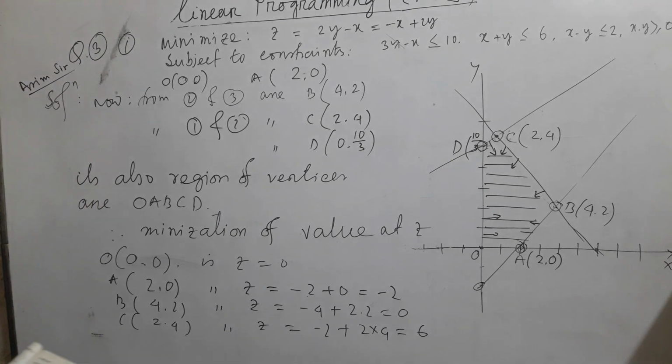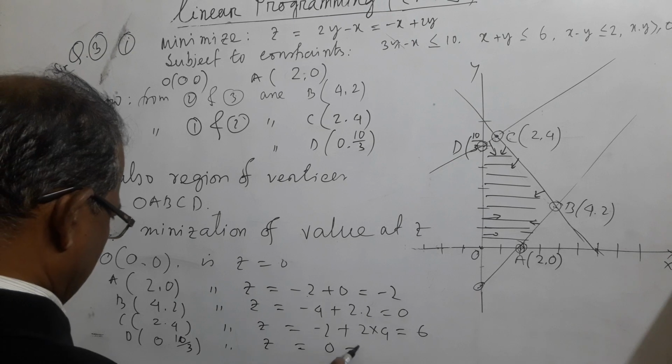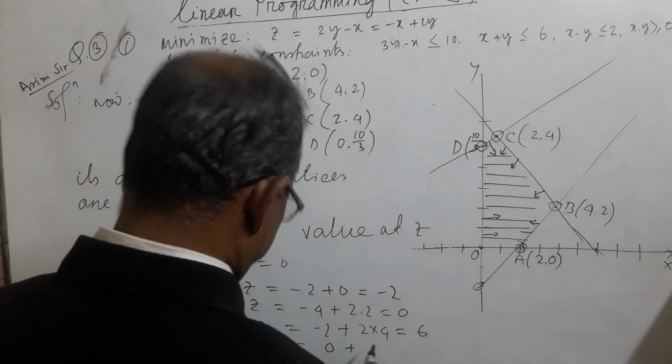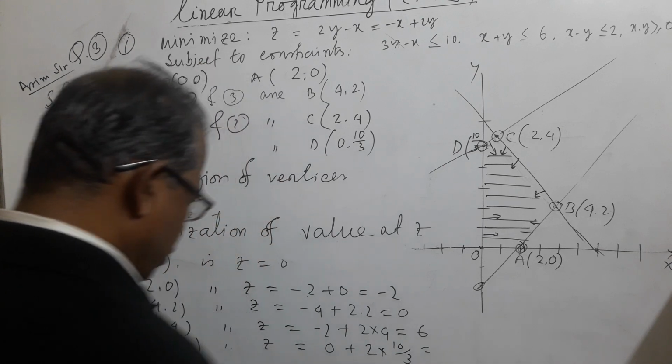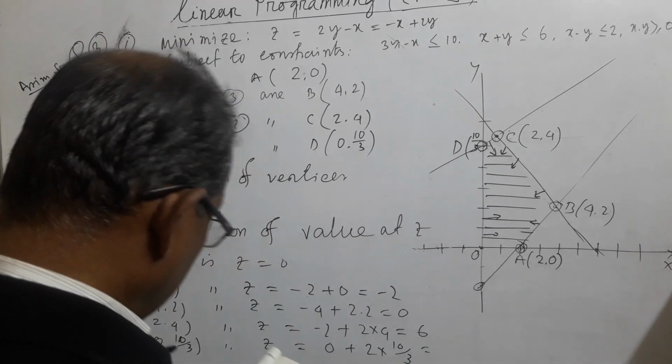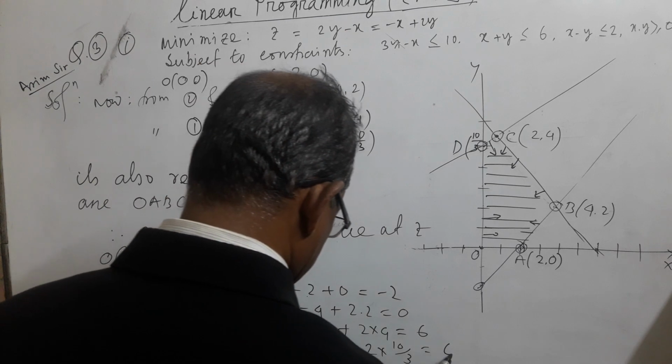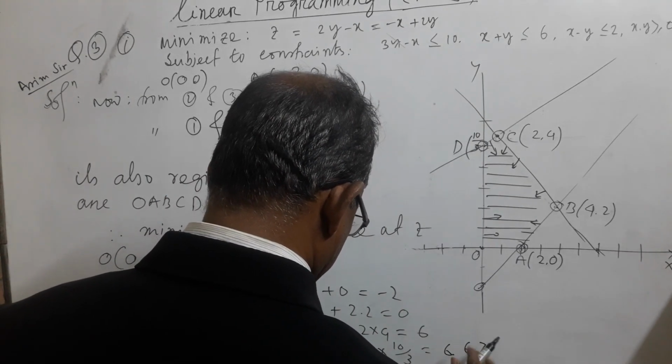And at D, 0, 10 divided by 3, Z equal to 0 plus 2 into 10 divided by 3, that is 6.67.